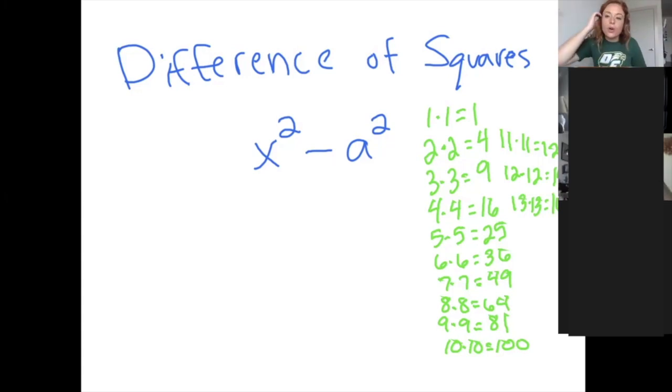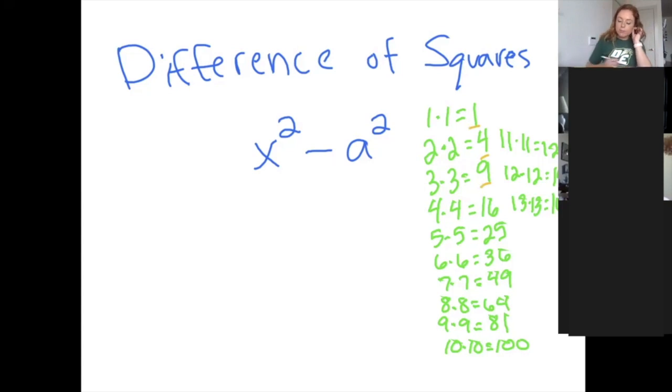So those numbers: 1, 4, 9, 16, 25, 36, 49, 64, 81, 100, 121, 144, and 169. When you see those numbers, if you can get in the habit of recognizing that's a perfect square, it will save you so much time, especially on factoring, okay?